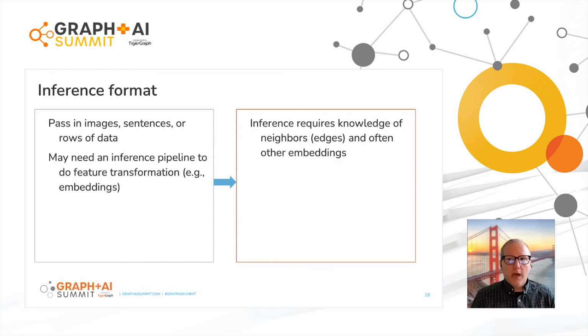This becomes more complex when we're dealing with graph machine learning, because with most popular neural network-based graph ML frameworks, making a prediction requires knowledge of the neighbors around a vertex and often other embeddings that we've computed.